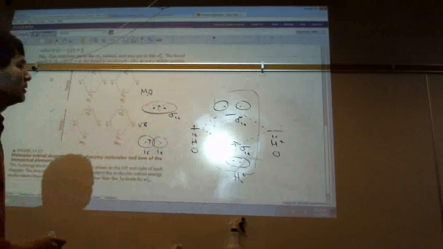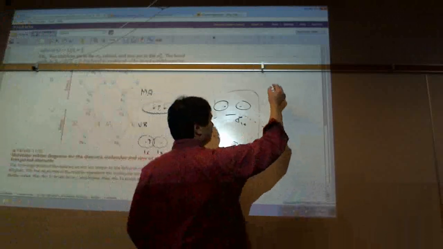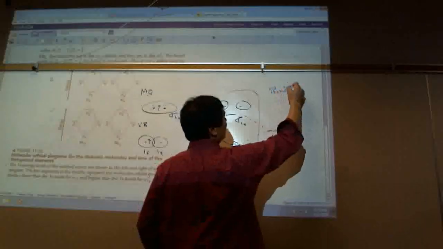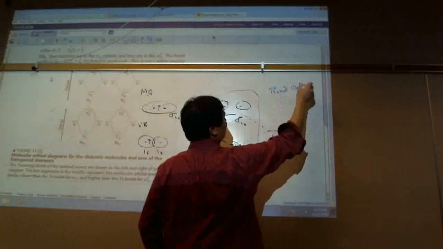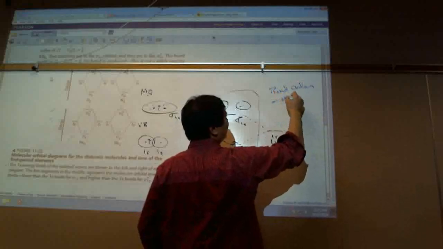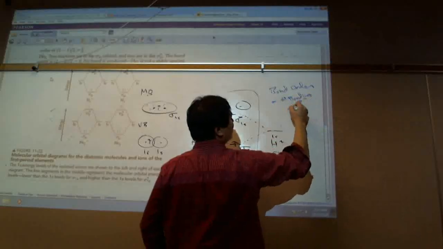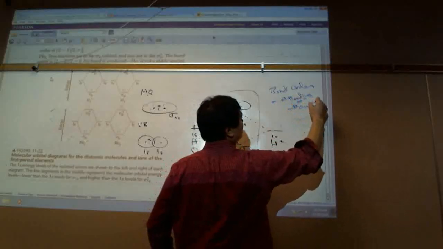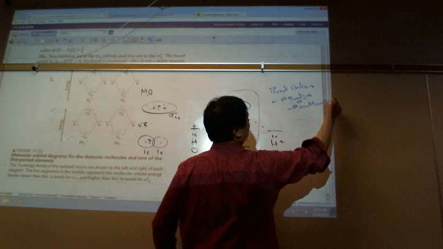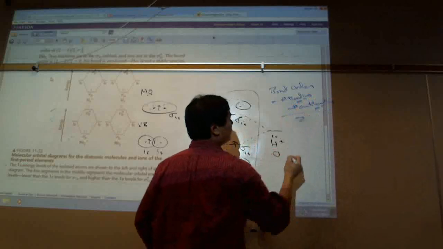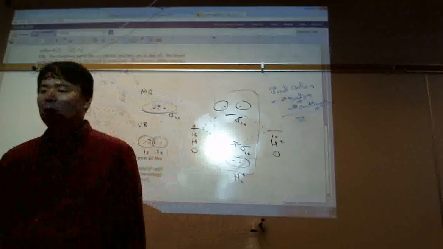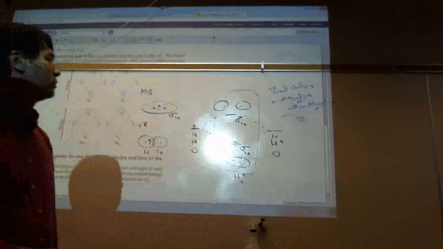Well, we have something called bond order. Bond order is equal to the number of bonding electrons minus the number of anti-bonding electrons, divided by 2. Now, what is a bond in MO theory?